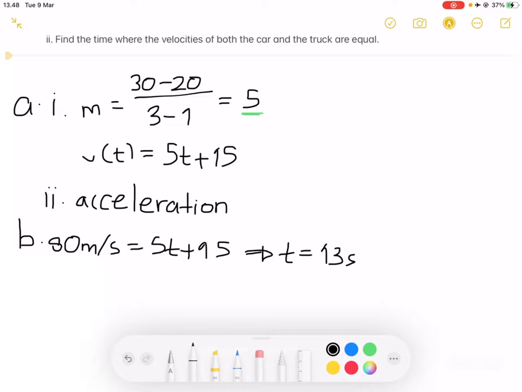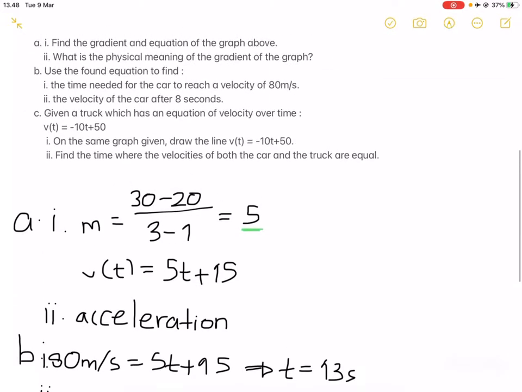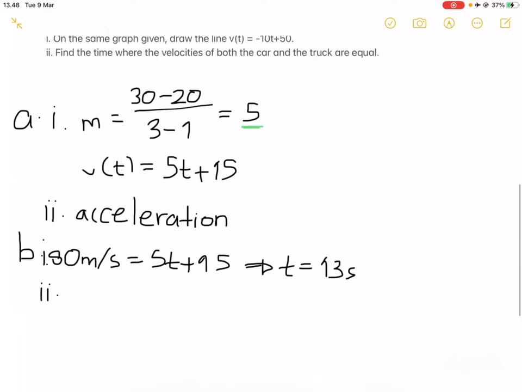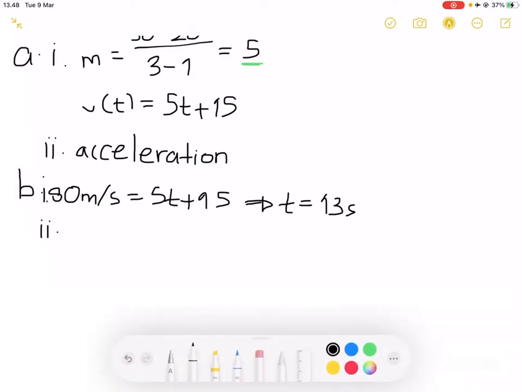Alright, so that's the first part of part B. Now the second part is the velocity of the car after 8 seconds. In this case, let's just substitute t equals 8. This will give us 55 meters per second.